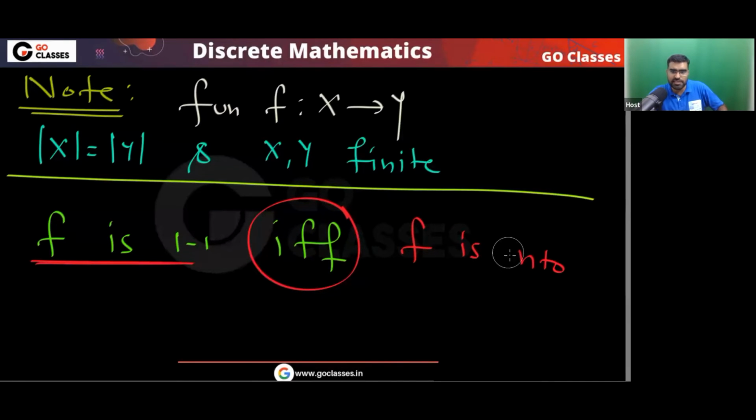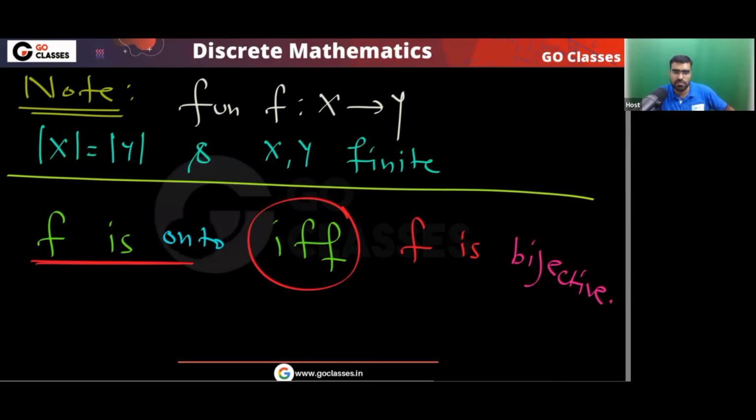Can I say f is 1, 1 if and only if f is bijective? I can also say that f is onto if and only if f is bijective. All these points, are they clear? Let me know.